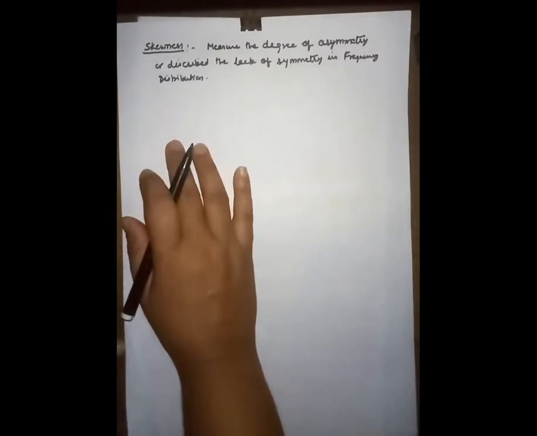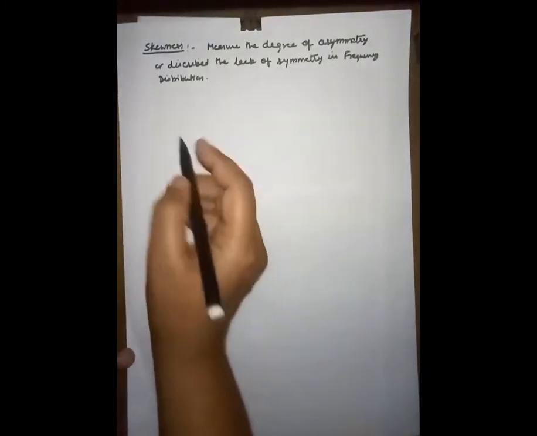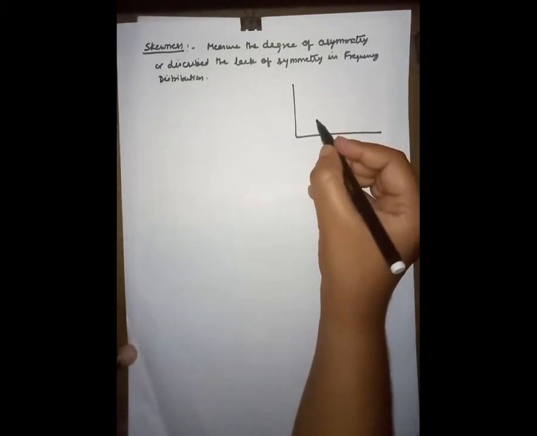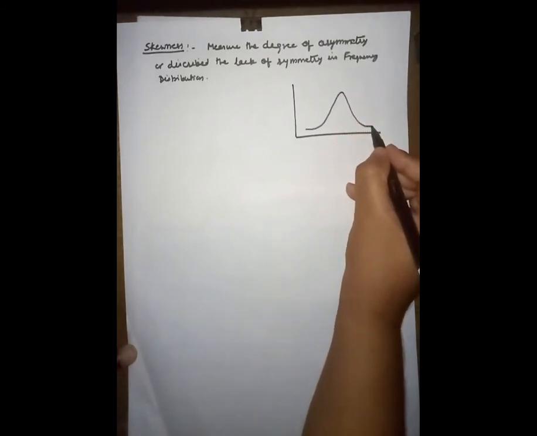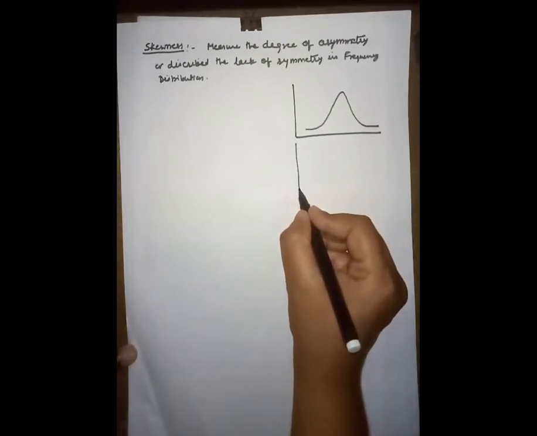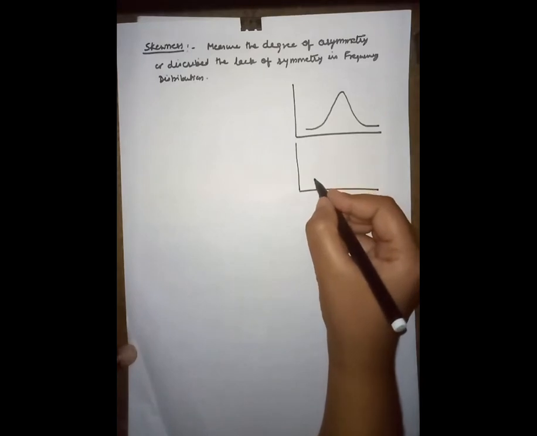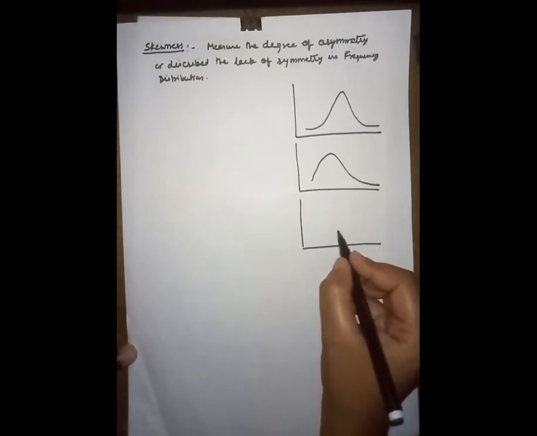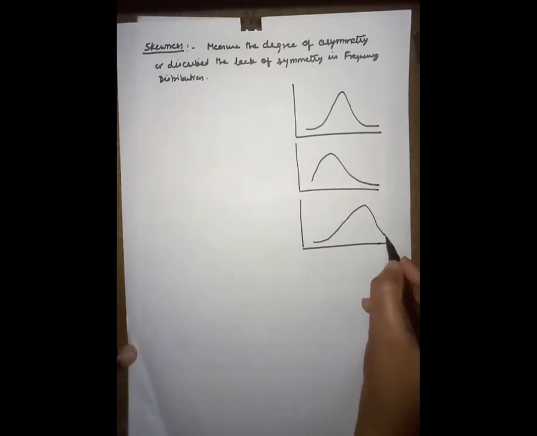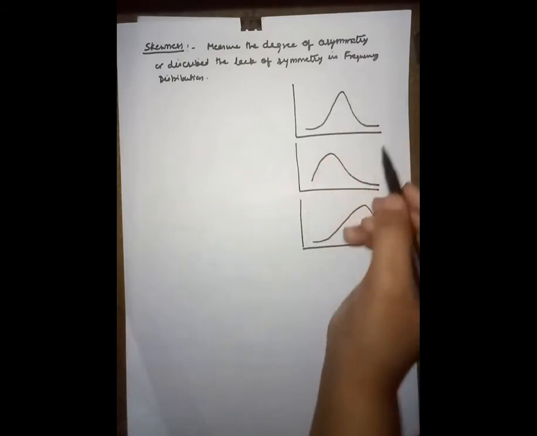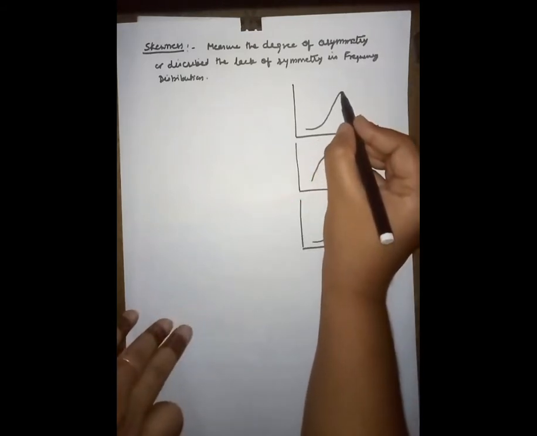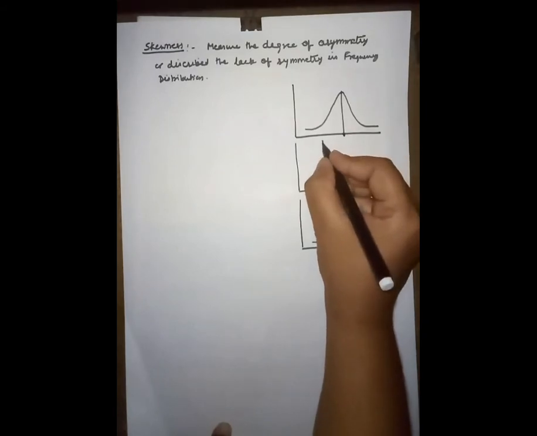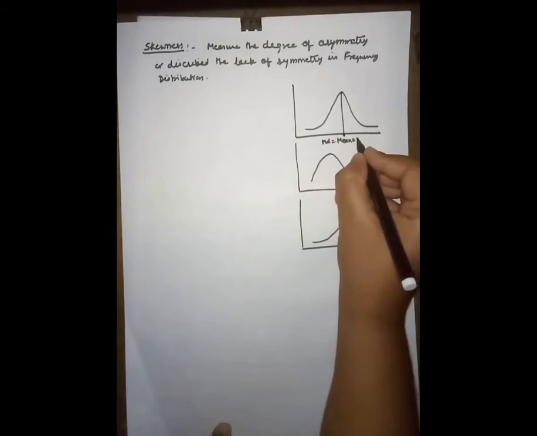So friends, now I draw three frequency curves, and if you observe carefully, now you see, friends, in the first curve, this is the axis of symmetry, and here mean equals median equals mode, right?